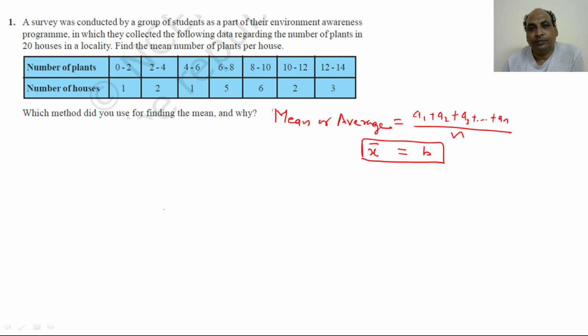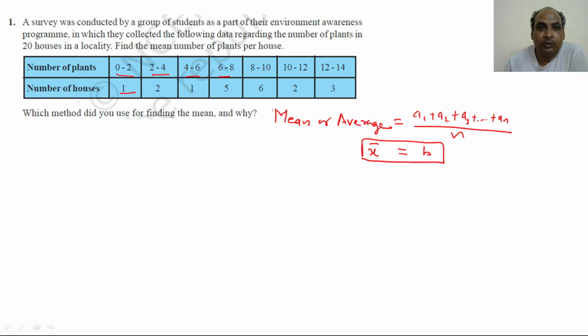But now here we are given class intervals, and frequency is also given to us. In that case, how will we find it? So that we are going to discuss.